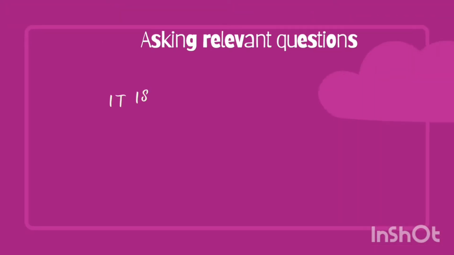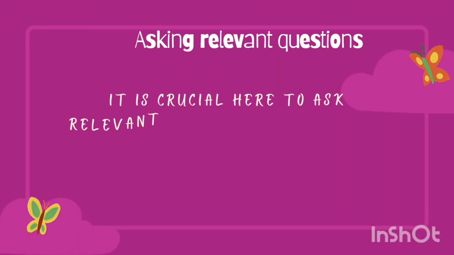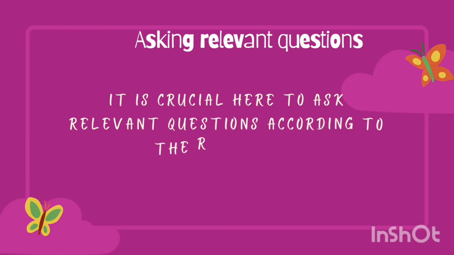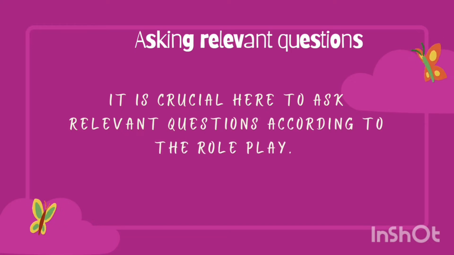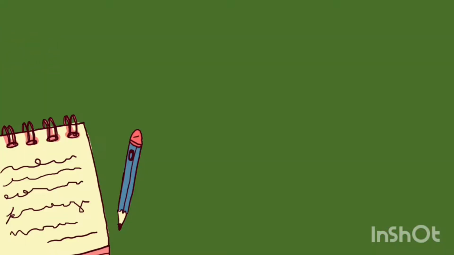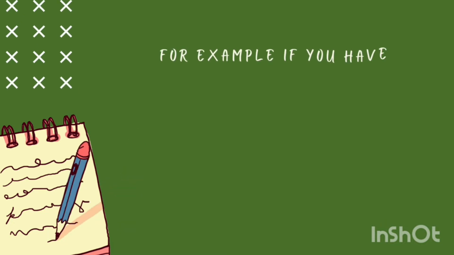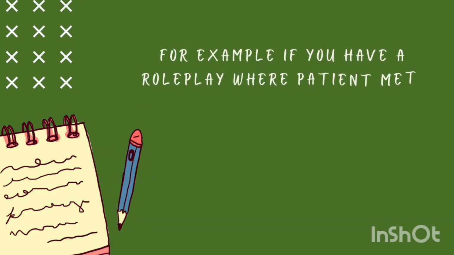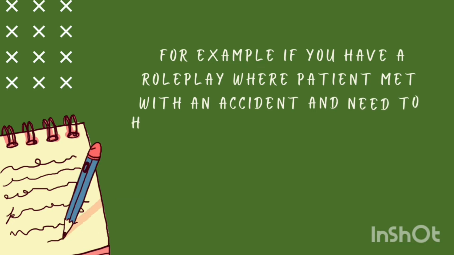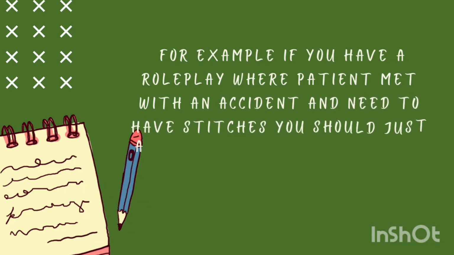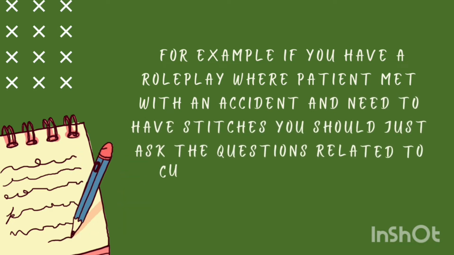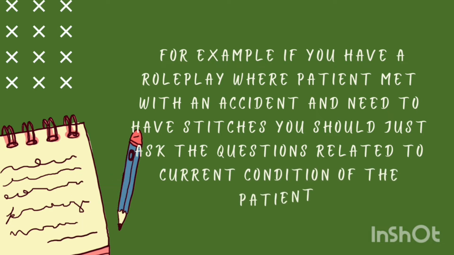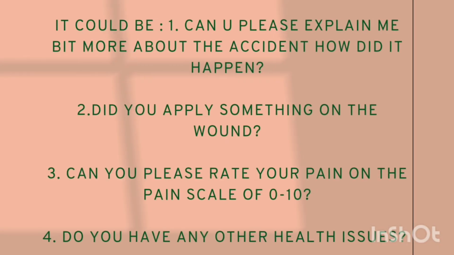Now second is asking relevant questions. It is crucial here to ask relevant questions according to the role play. For example, if you have a role play where the patient met with an accident and needs to have stitches, you should just ask questions related to the current condition of the patient. For example, it could be, can you please explain to me a bit more about the accident?